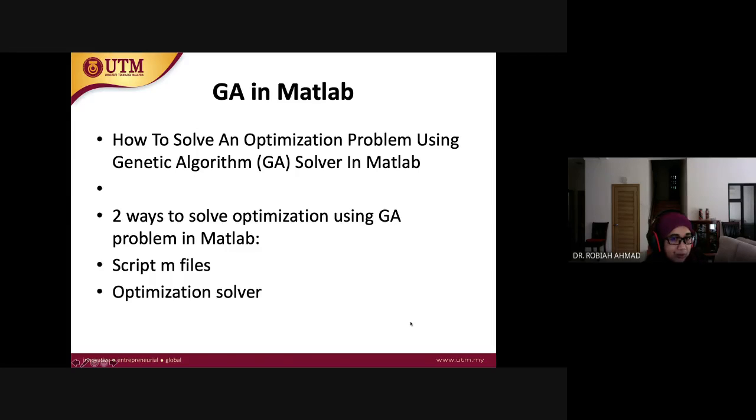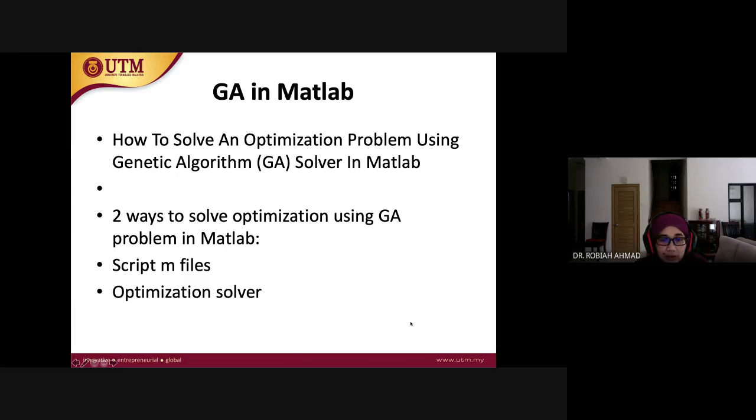The concept is almost the same. You just have to identify what we call the elements inside that particular algorithm. As I mentioned earlier, for genetic algorithm the most important are the initial population, selection, crossover and mutation.